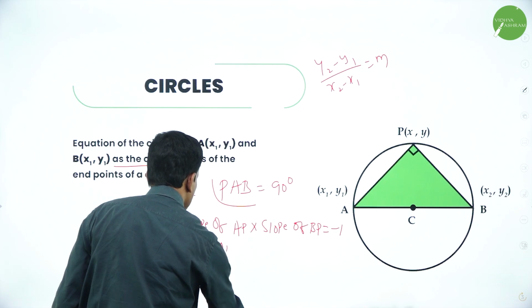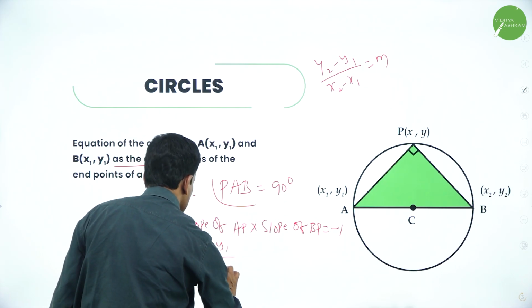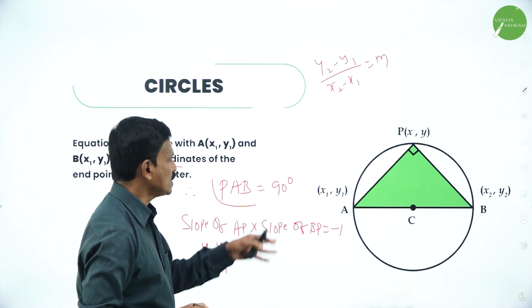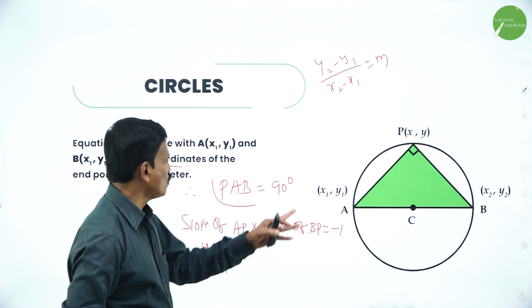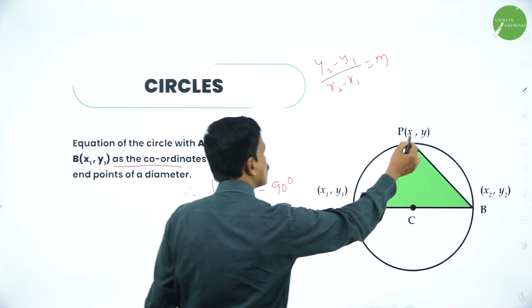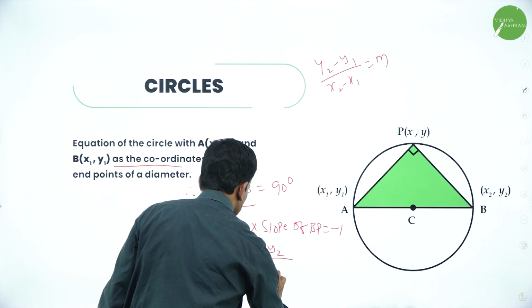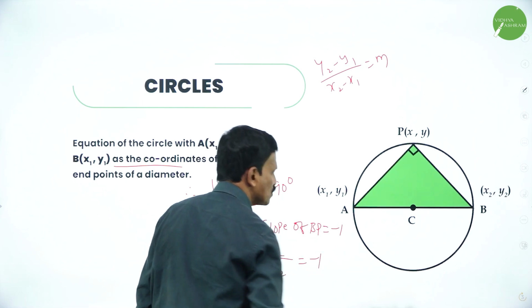Now here slope of AP, that is (x1, y1), (x, y), can be written as y minus y1 divided by x minus x1, into slope of BP. Slope of BP is equal to y minus y2 divided by x minus x2, is equal to minus 1.